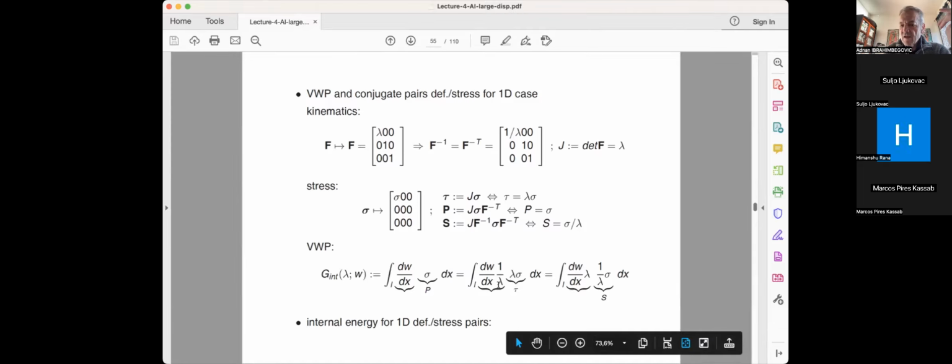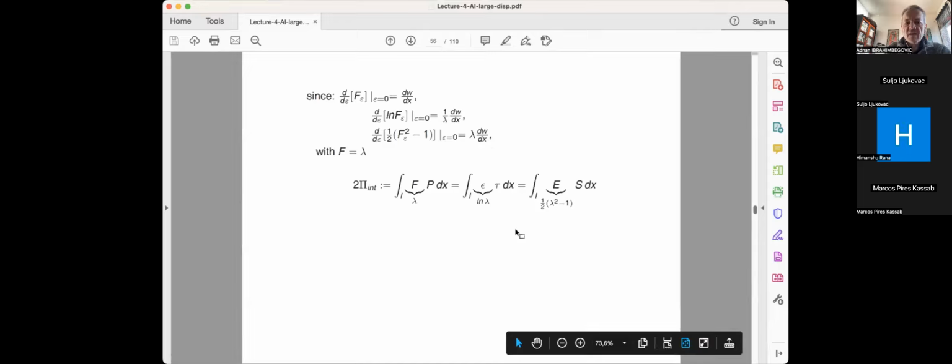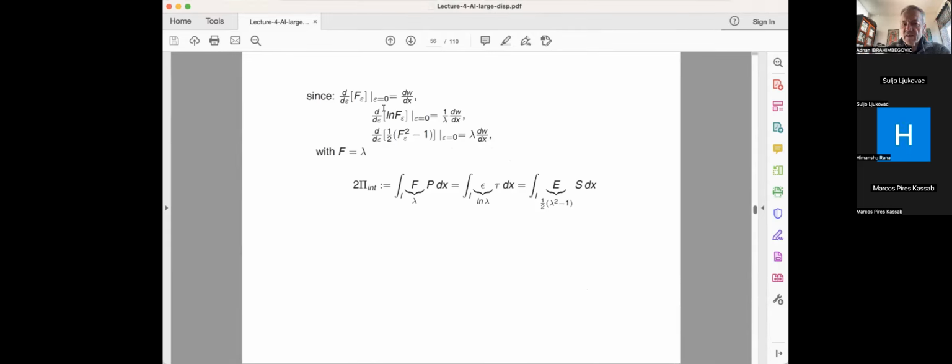Then you can either divide by lambda and multiply by lambda here, so you don't change the expression. So that becomes the Kirchhoff stress multiplied with the material representation of the virtual strain. And then finally here you can divide by lambda, here multiply by lambda. And that becomes your second Piola-Kirchhoff stress multiplied by the variation of what you'll see is a Green-Lagrange strain. In fact, this is what you get: one is a variation of the deformation gradient.